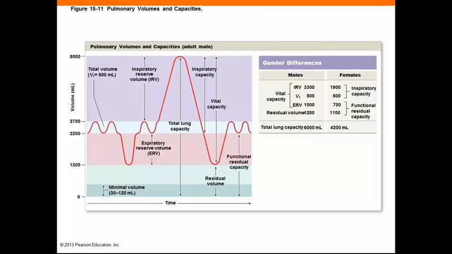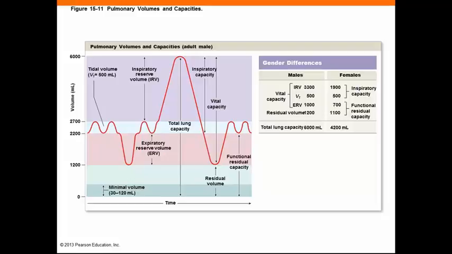So based on your mode of breathing, you'll be employing different lung volumes and capacities. This graph displays all of the differences. You can see the amount of air moved in and out of the lungs during quiet breathing is called tidal volume, and that's that light blue strip right in the middle.